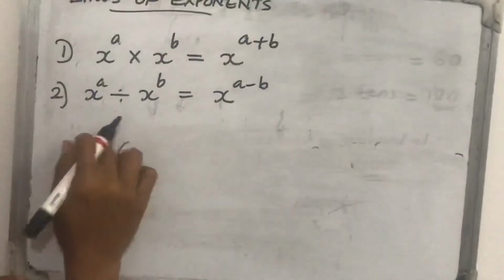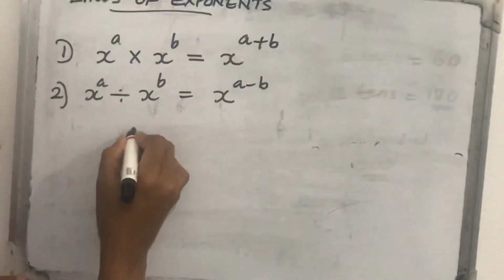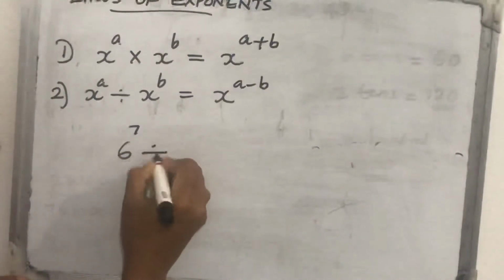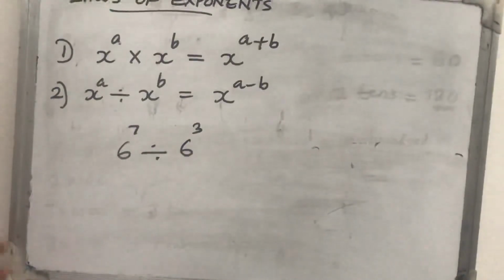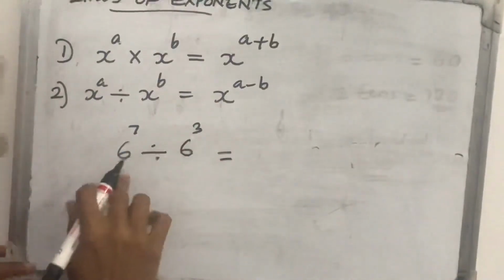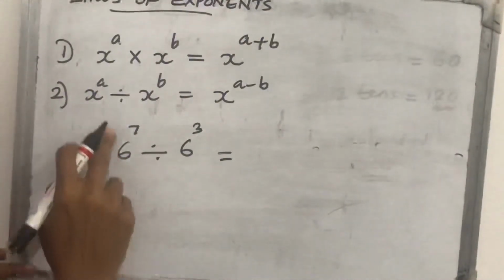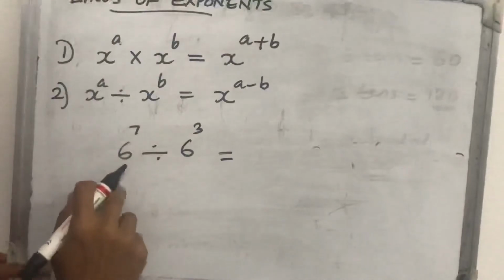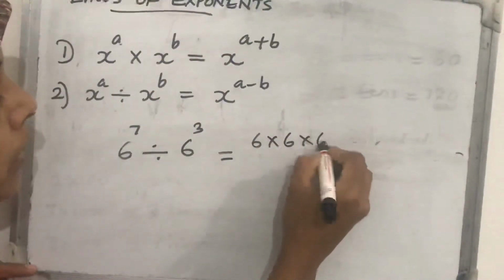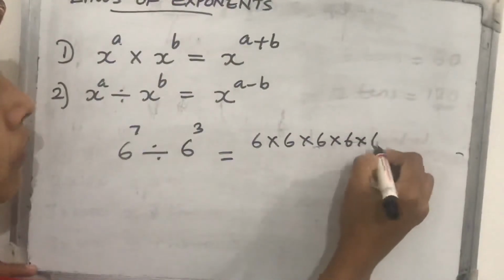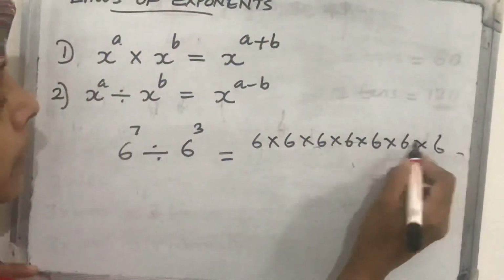One example we can take: 6 raised to 7 divided by 6 raised to 3. Okay, in the normal way, how can we write it? 6 raised to 7 means 6 multiplied 7 times. 1, 2, 3, 4, 5, 6, 7.